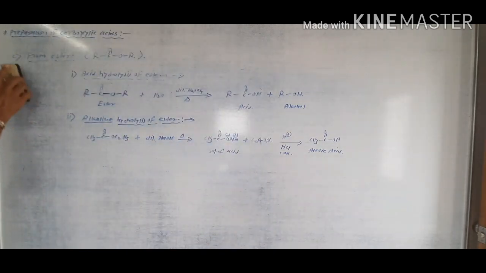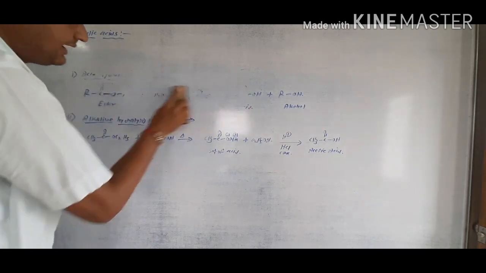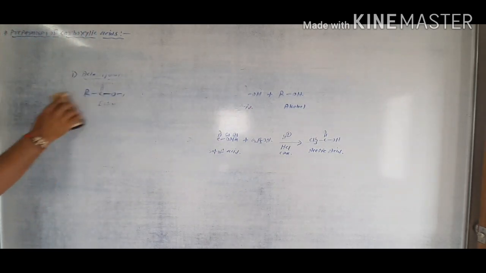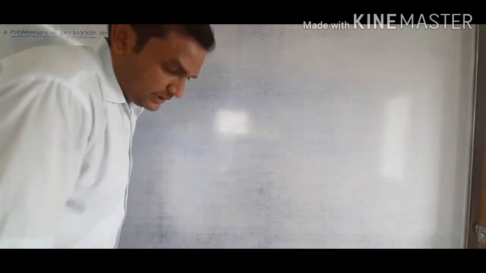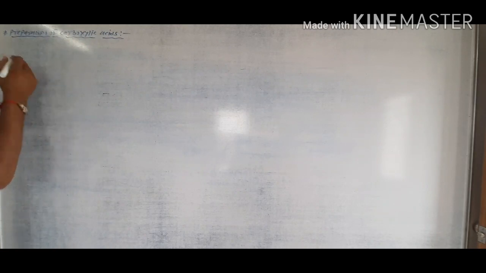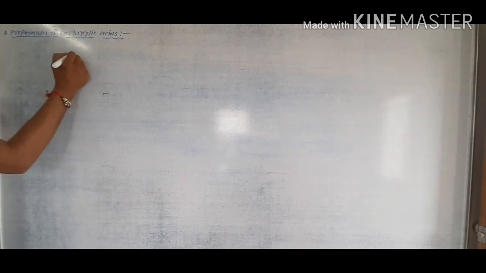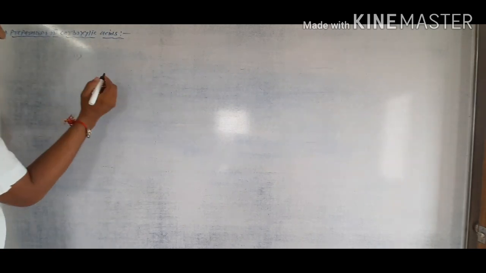So here it is the third method from the ester, and the fourth method is from the alkyl benzene. Carboxylic acid is also prepared from the alkyl benzene. Aromatic carboxylic acid will be prepared.